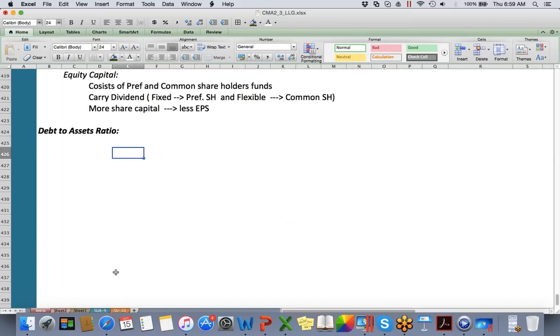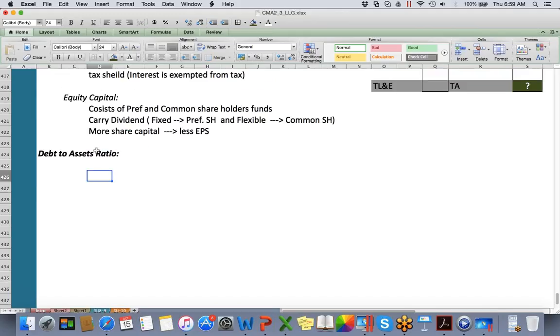In solvency analysis, the first ratio is the debt to asset ratio, also called total debt to total asset ratio.